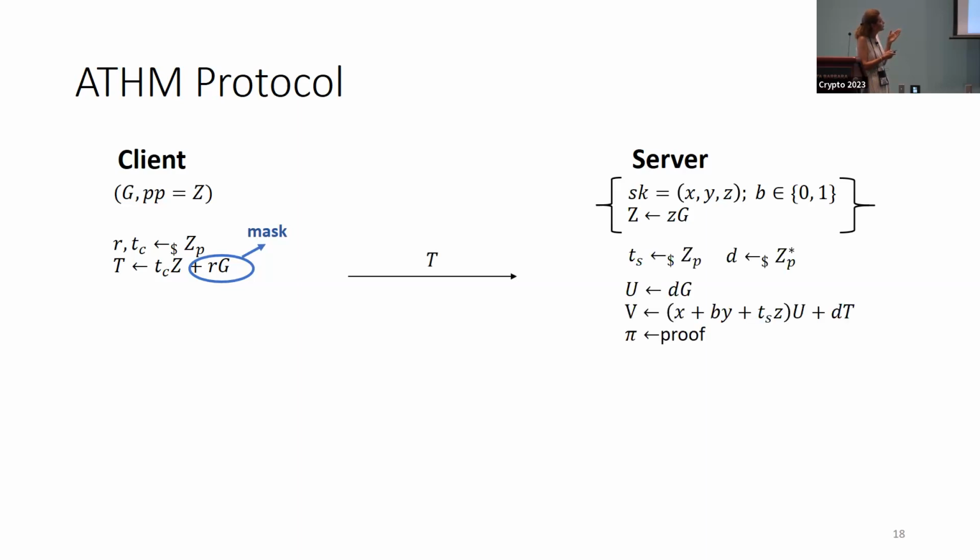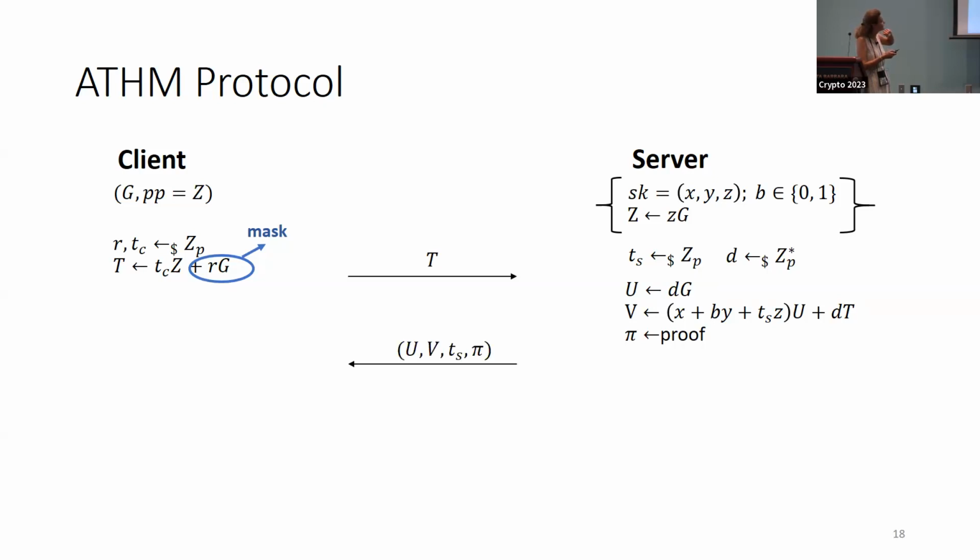The server picks its own part of the tag, which is called TS, and then computes the U and V values, which are going to be returned as a MAC to the client side, together with a proof. The proof is just to indicate that the U and V are computed as described in the protocol, and that the B, which is embedded here as an attribute, is essentially a bit, no more than 1 bit.